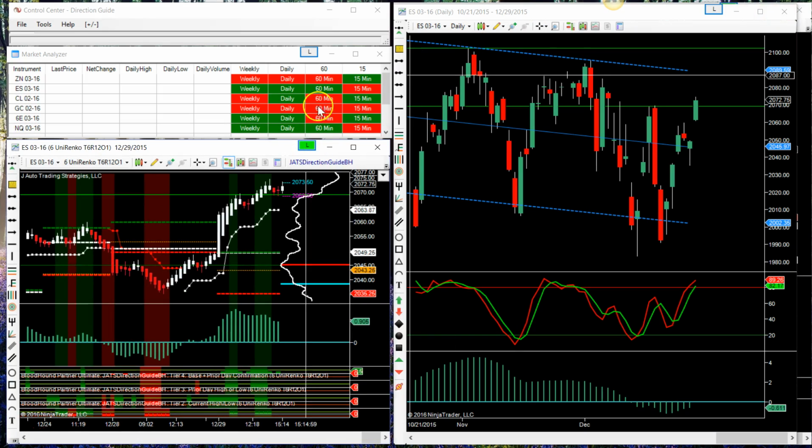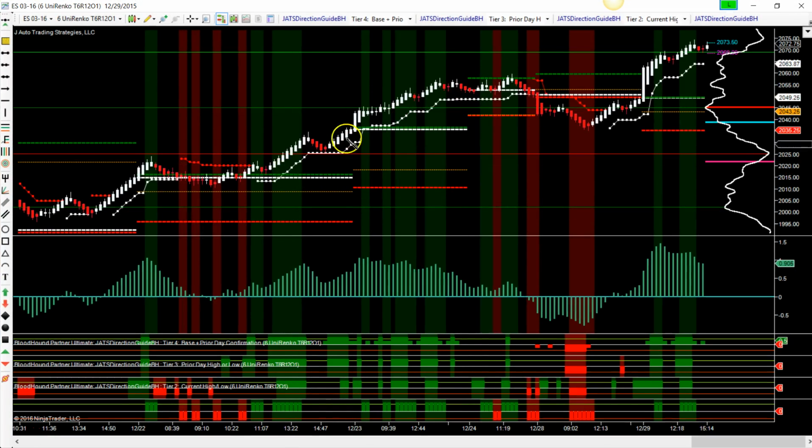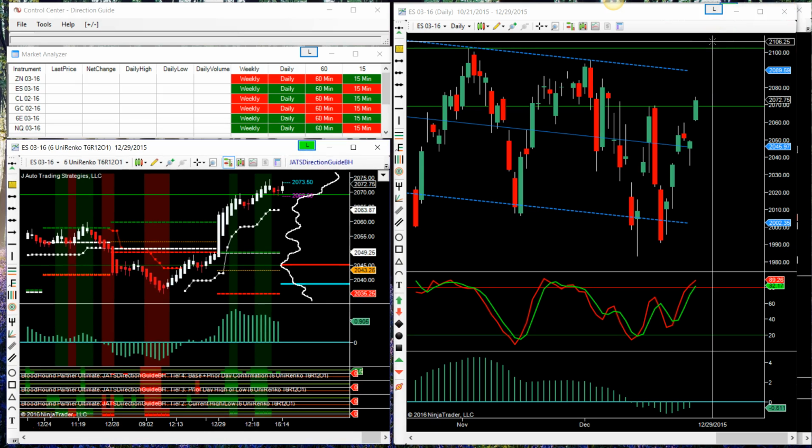And so when I combine the higher time frame trend with the shorter time frame market direction based on the prior and current open, high, low, and close, I can get a trade signal.